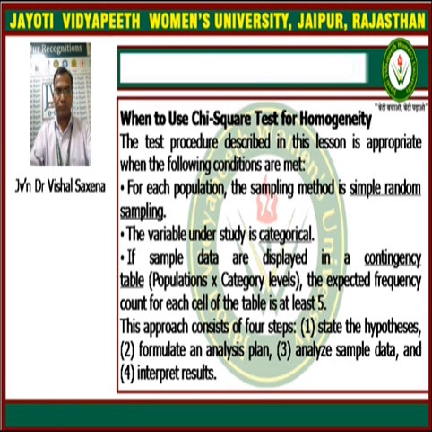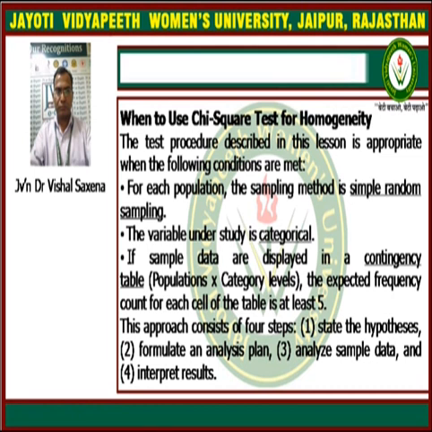That means if sample data are displayed in a contingency table, in which the various attributes for the chi-square test can be written, then the expected frequency counts for each cell of the table must be greater than or equal to 5.